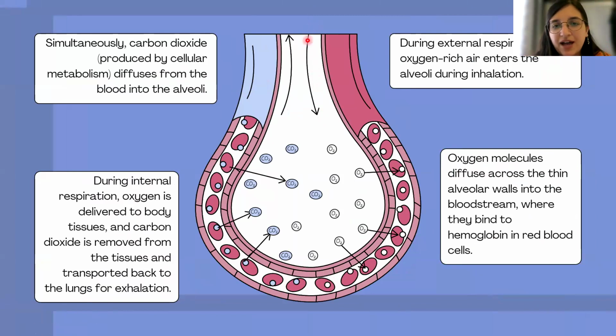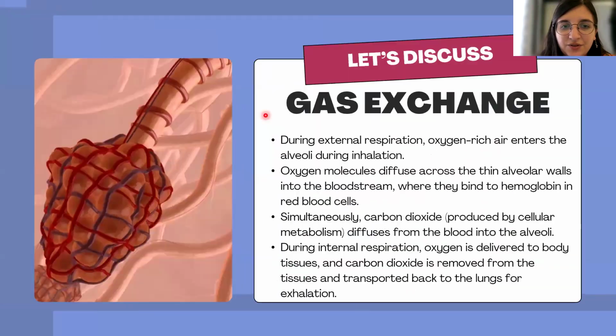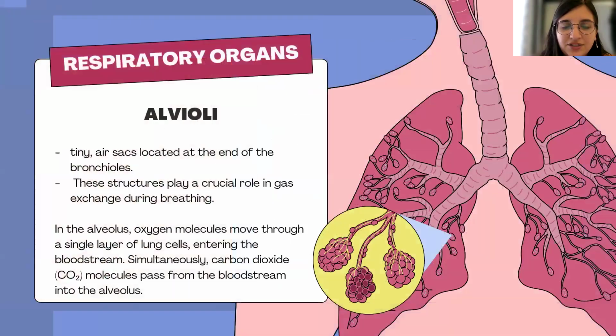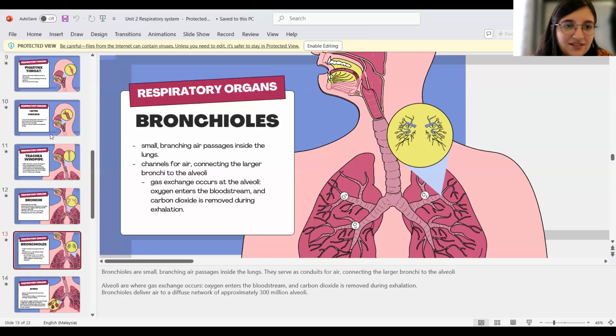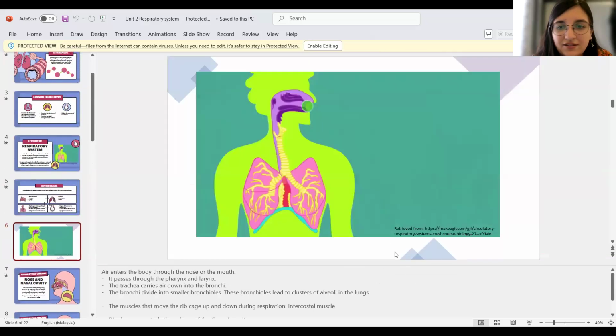I want you to continue imagining that you're the oxygen molecule. You're the oxygen outside in the atmosphere, and you went in through the nose, the pharynx, the larynx. This is your final destination. Imagine this again: you're the oxygen molecule.